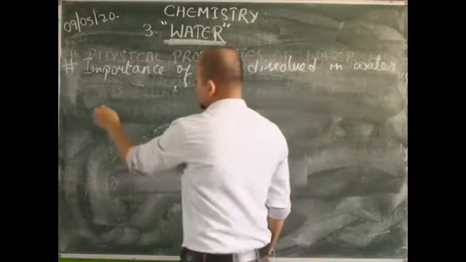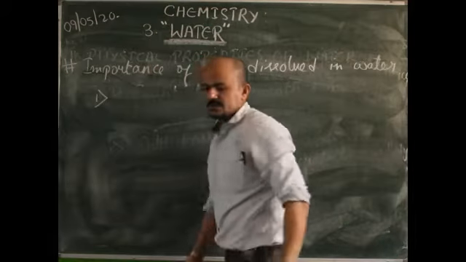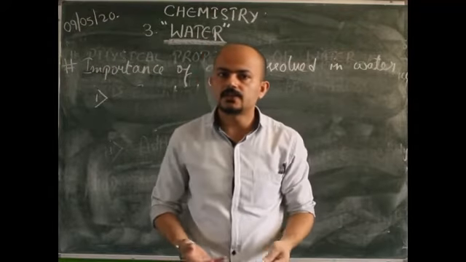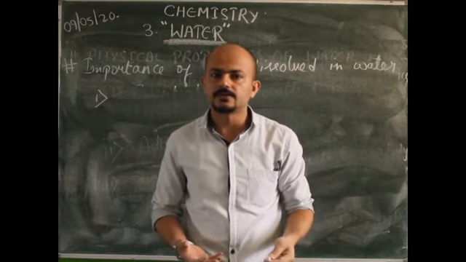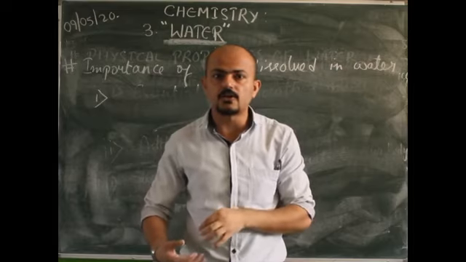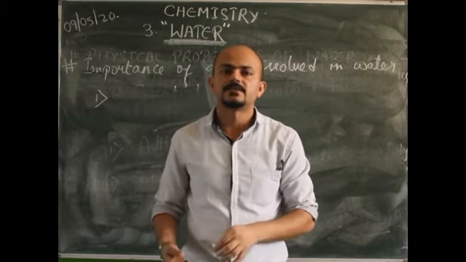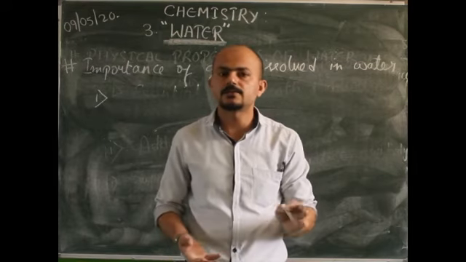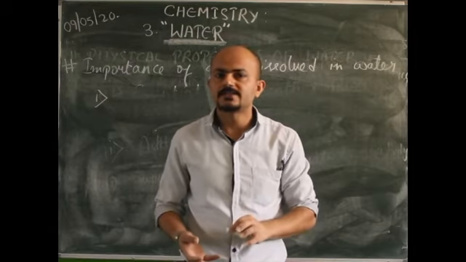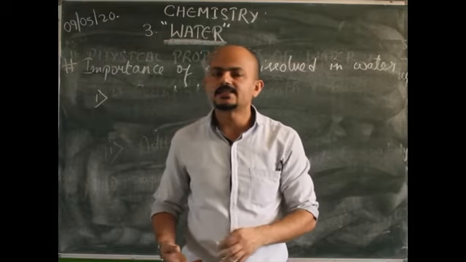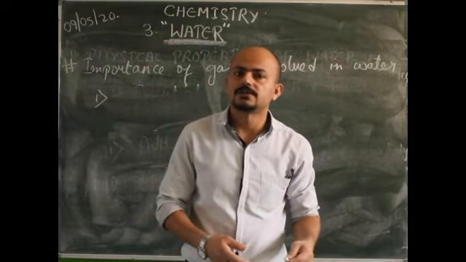Now, see, oxygen gas is dissolved in water. Yes or no? Therefore, this dissolved oxygen is very essential for marine life, like fish. You know, fish doesn't come out of water. It needs oxygen for respiration. This oxygen it gets from the dissolved oxygen in water.